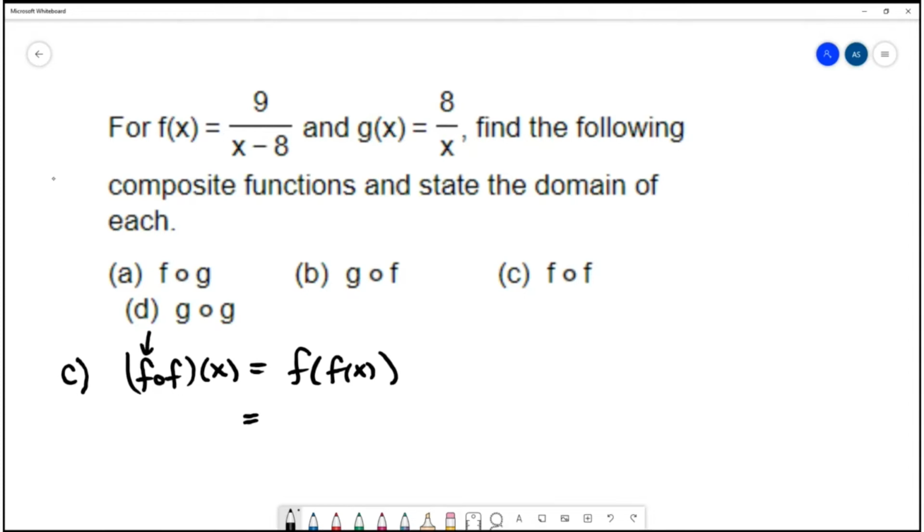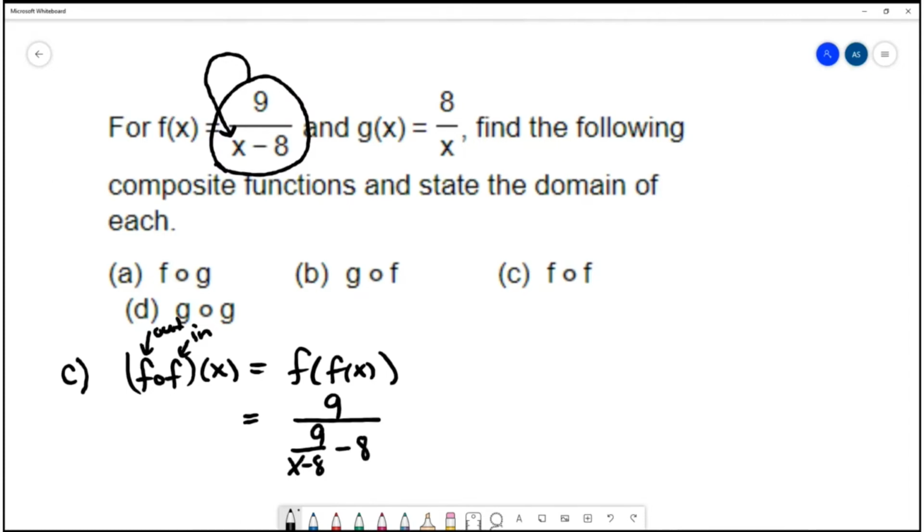So we have f on the outside and f on the inside. So we're taking 9 over x minus 8, and we're substituting that in for x. That gives 9 over x minus 8 minus 8.